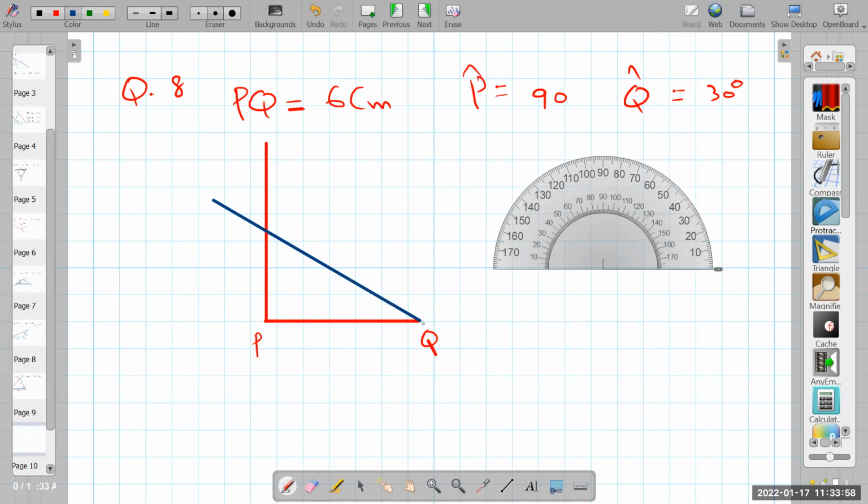PQR. This is 30 degree. P angle 90 degree. And PQ is 6 centimeters. So in this way, we have a triangle PQR.